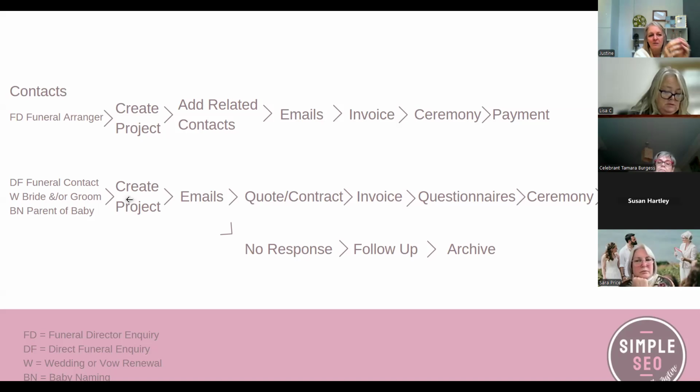So you go from a contact, and then you create a project from that contact, and then you add in the person you're speaking to, the deceased's family, as your related contacts. And then you go through sending emails, invoices, organizing your ceremony and getting your payment, but with your related contacts.